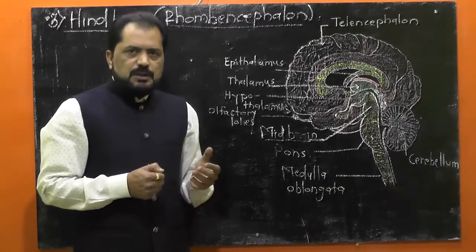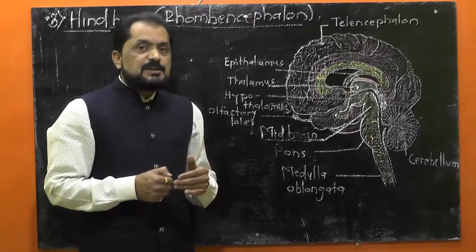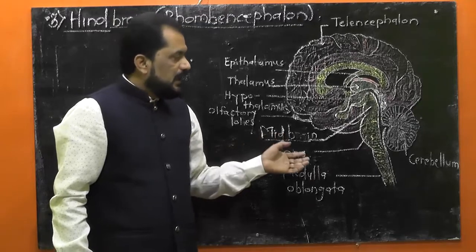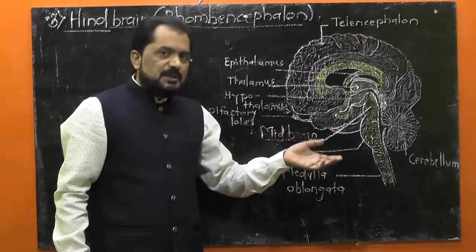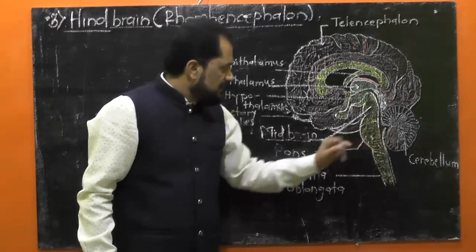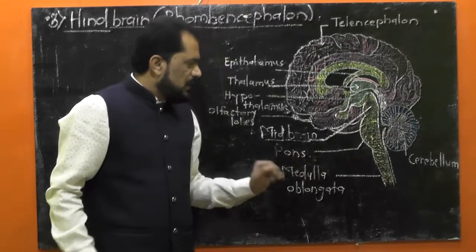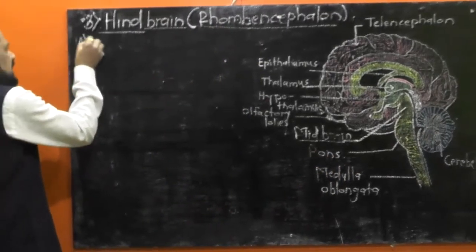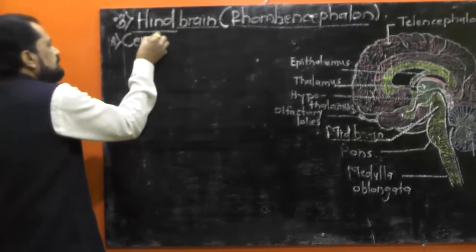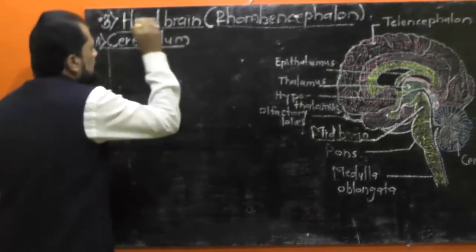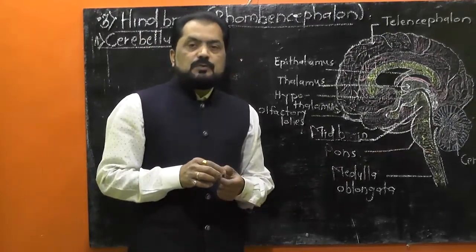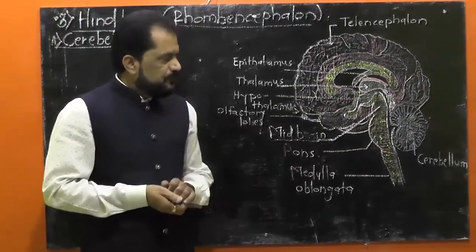Anyway, so here we have now started the study of hindbrain, and I told you that the hindbrain includes three major parts, namely cerebellum, pons and medulla oblongata. Let us see first of all about the cerebellum. Cerebellum and pons together may be known as the metencephalon.